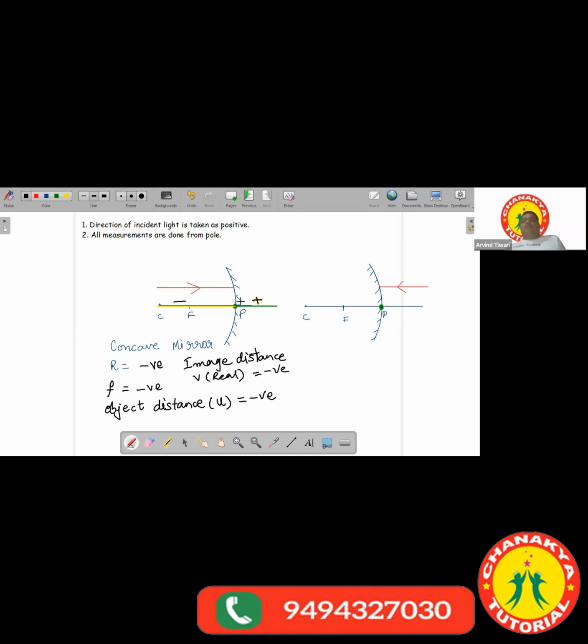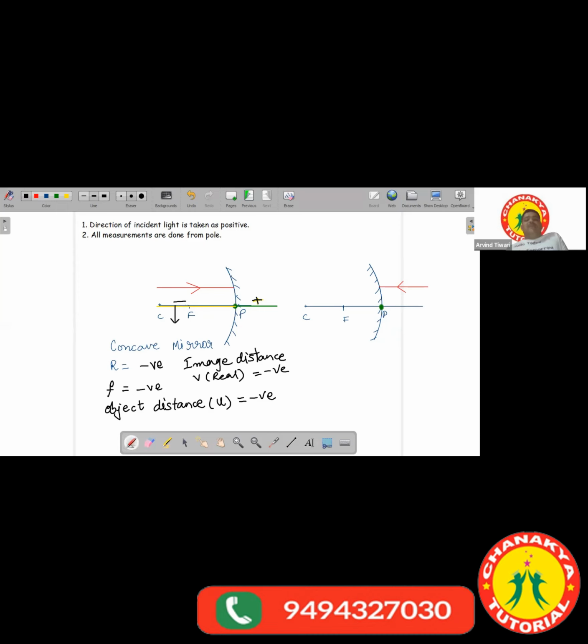When a real image is formed, it is formed in front of the mirror. If you remember, we had drawn the real image. The real image was formed inverted and in front of this mirror. So the distance from the pole to this image will be negative. It is on this side, so it should be negative.